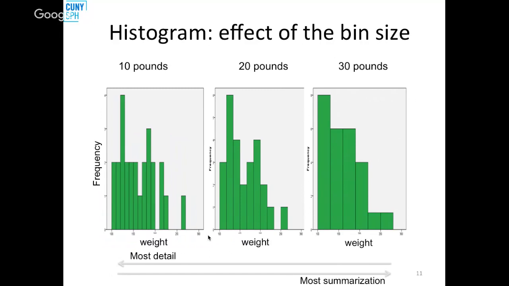You see that it does drop off at the low weights, and you kind of see on the left that there's just a couple of almost outlier weights in there that are more common weights. So you can have a different impression of your data depending on how a histogram is summarized, and if you're relying on it to get a feeling for your data, it's not a bad idea to just try a couple of different widths of your histogram.